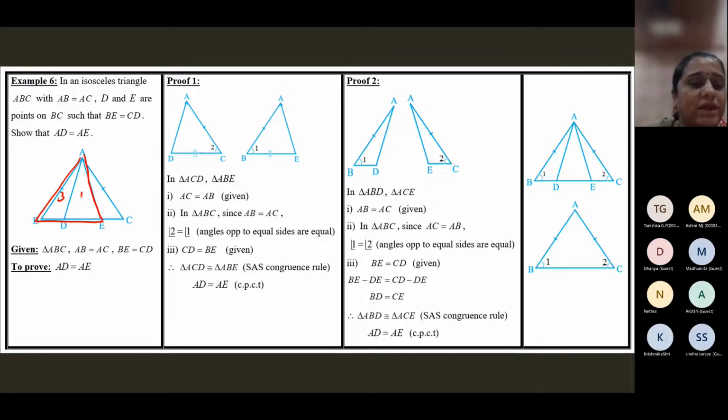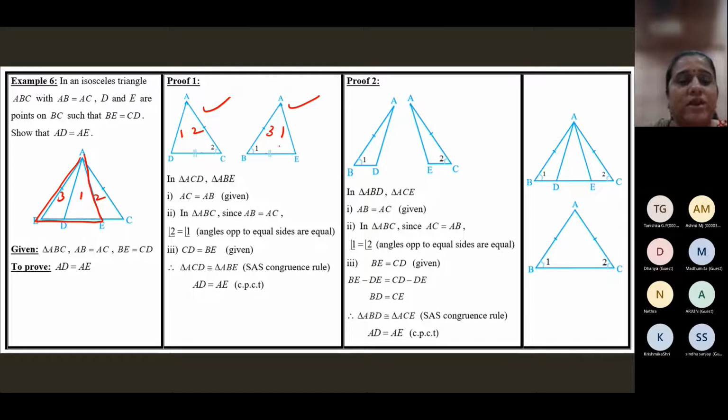First in triangle ADC, we have triangle 1 and 2 together. In triangle ABE, we have 1 and 3 together. Triangle 1 and triangle 2 together is ADC. Triangle 1 and triangle 3 together is ABE.